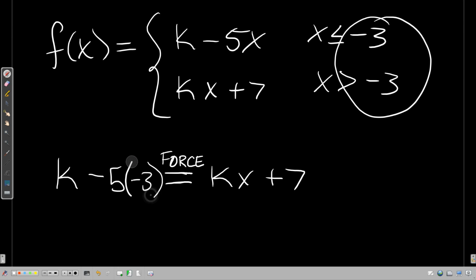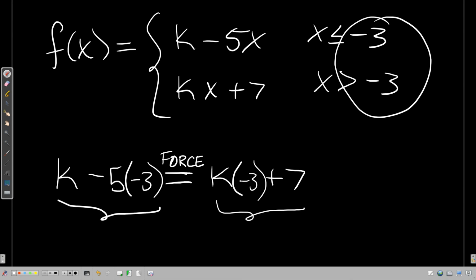Replace the x's with -3. I'm forcibly putting them equal to each other right when x is -3. Well, it should be a no-brainer that if I do that, I will be guaranteed that each piece comes out equal to the same y value when x is -3.